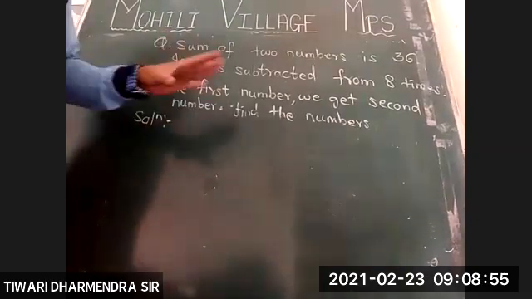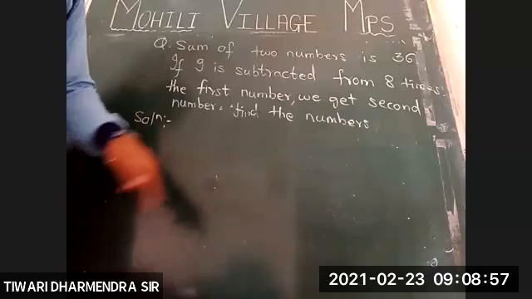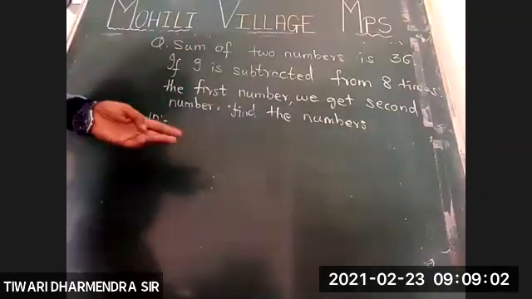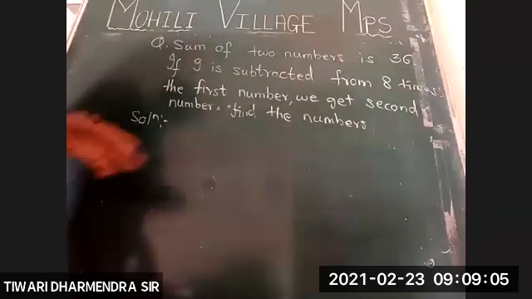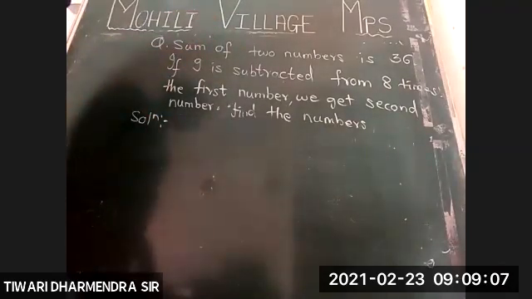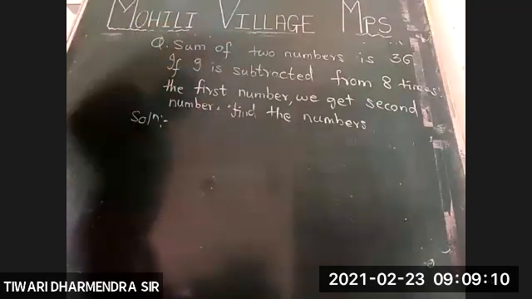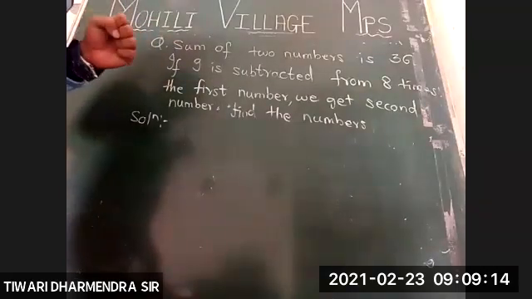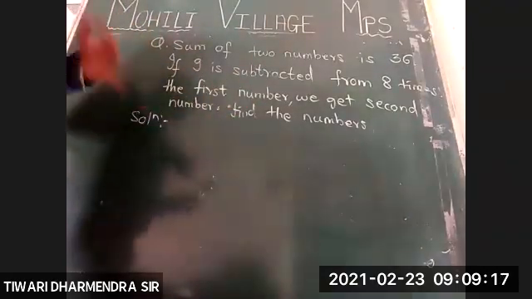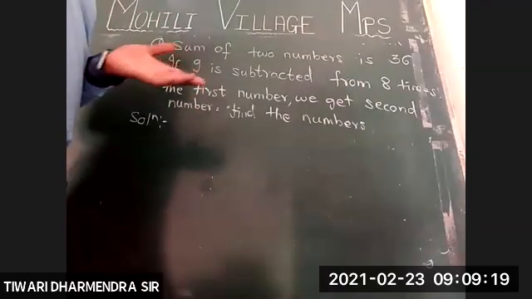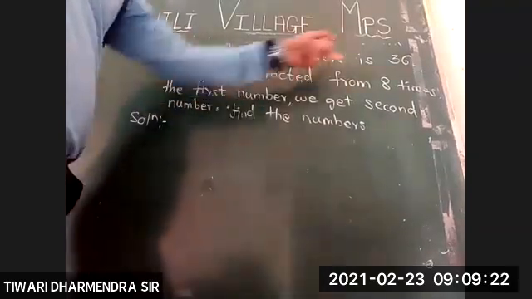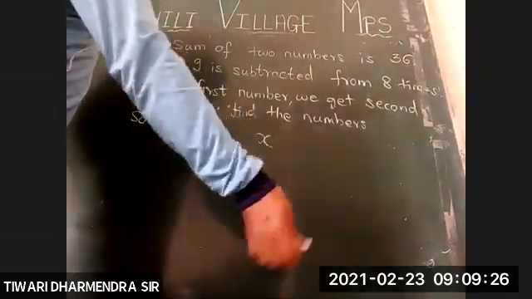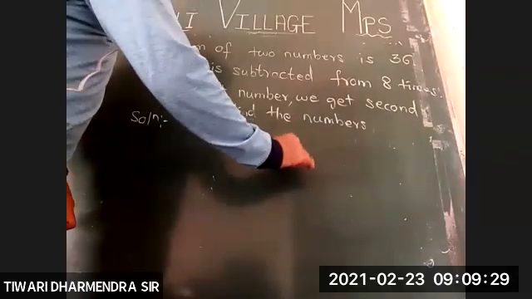As they are saying find the numbers, we don't know those numbers, so we will assign them variables. Keep in mind that I'm assigning them as x and y. So the sum of two numbers is 36. I will do rough work first. The two numbers I've assumed are x and y, so x plus y equals 36.